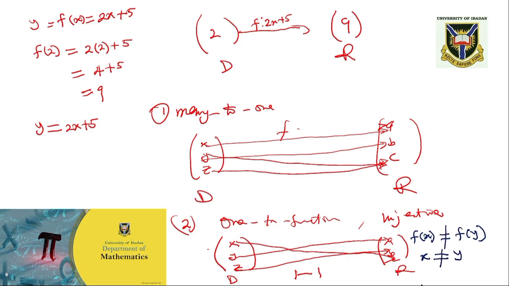So these are the definitions of a one-to-one function, and the function defined this way, y equal to 2x plus 5, is a one-to-one function, because for every member of x that you put for this kind of function, you will get a unique member of y. Another example of such a one-to-one function is y, or f of x, equal to, say, x raised to power 3. It's a one-to-one function.